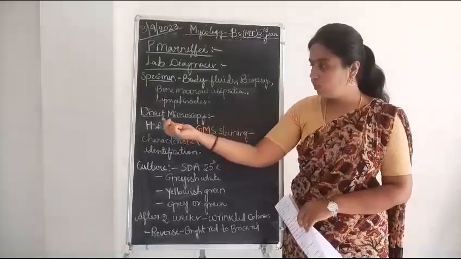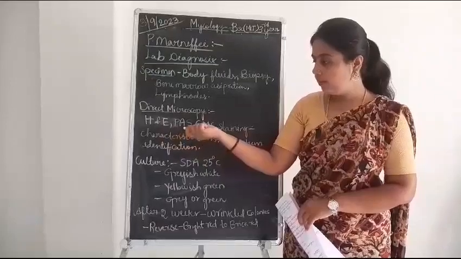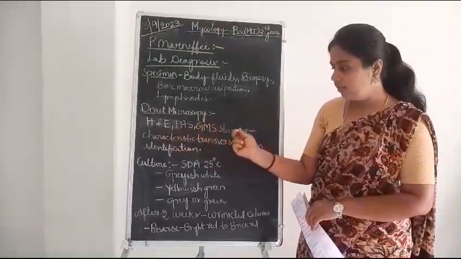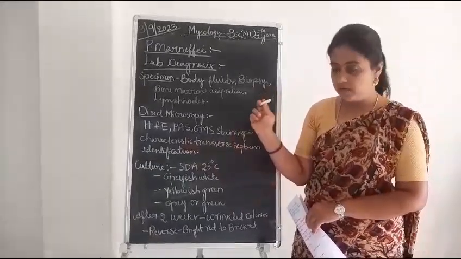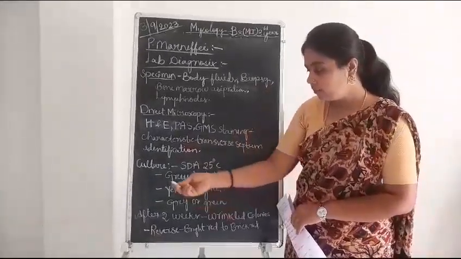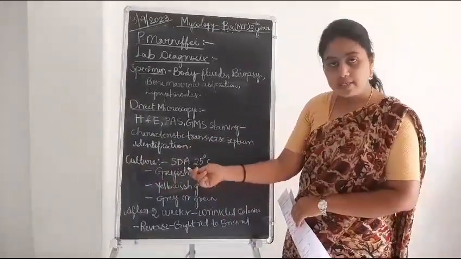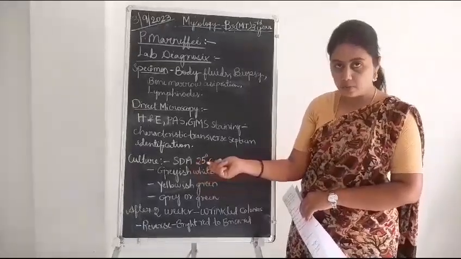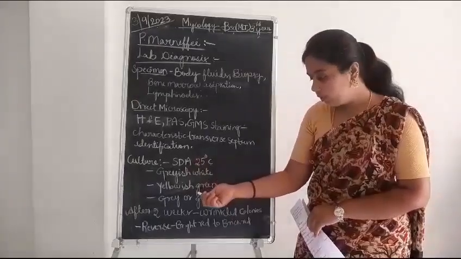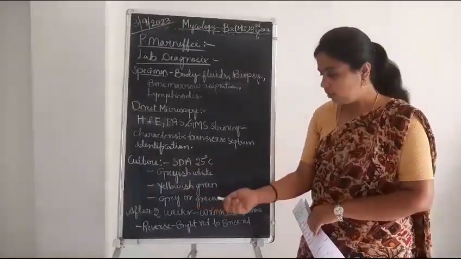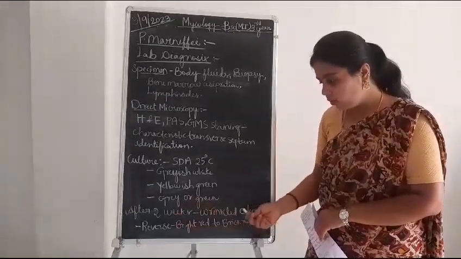So direct microscopy, when we do hematoxylin and eosin, PAS and GMS staining, we can see the characteristic transverse septum of the yeast form of Penicillium marneffei. So coming to the culture, when we inoculate on Sabouraud dextrose agar at 25 degrees centigrade, we can see greyish white, yellowish green, grey or green colonies, and after 2 weeks we can see wrinkled colonies.